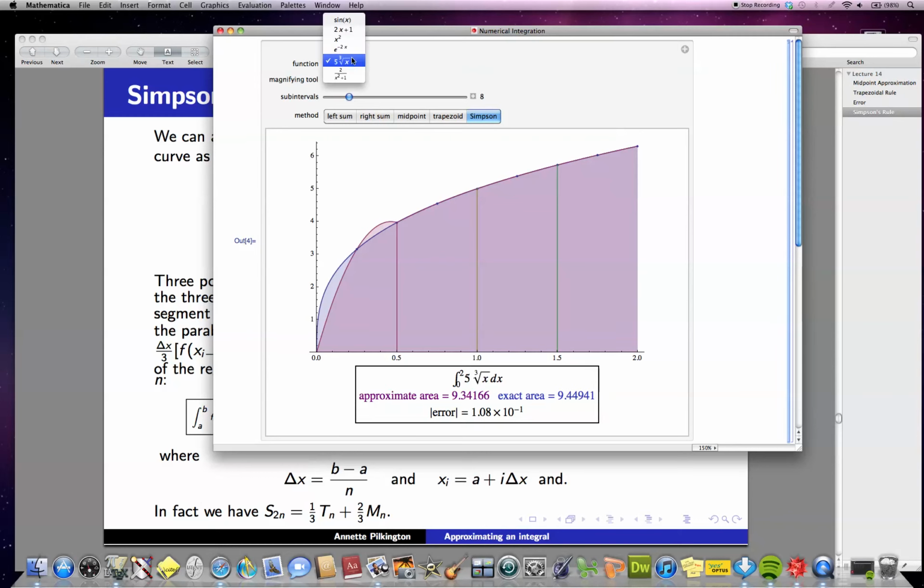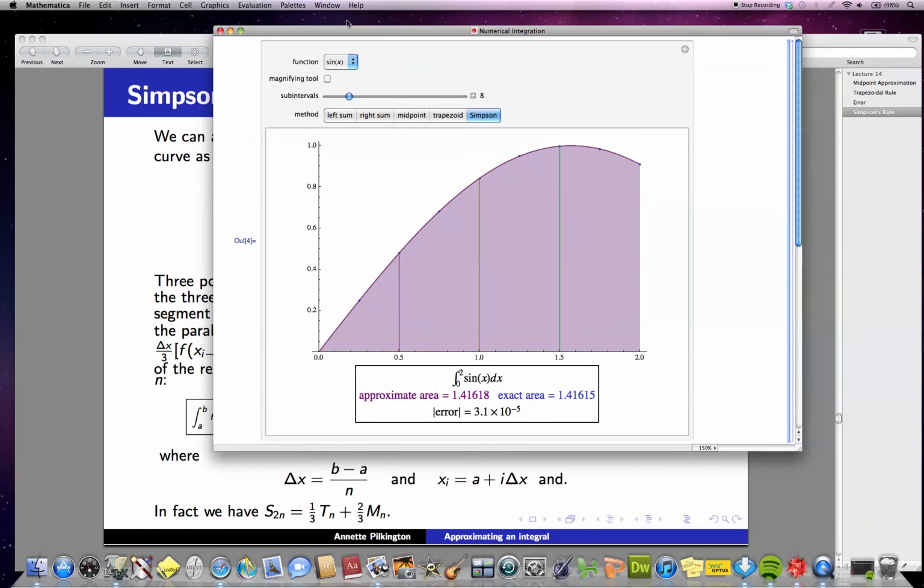Let's try another function. Let's try sine of x and see how Simpson's rule works with n equals 8 approximating subintervals, and in this case you get 4 approximating constructions with parabolic tops, and we see that the exact area is about 1.416, and it's really well approximated by Simpson's rule. The error is 3.1 times 10 to the minus 5.